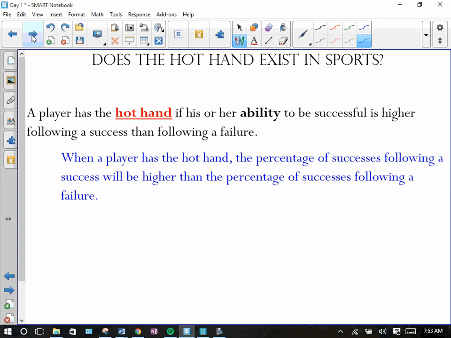Alright, so the first thing that you need to write down is: does a hot hand exist in sports? Now, in order to figure out if the hot hand exists in sports, there's a few things we have to understand. First of all, we have to understand what it means to have a hot hand in sports.